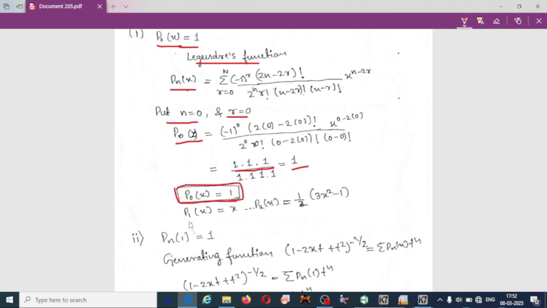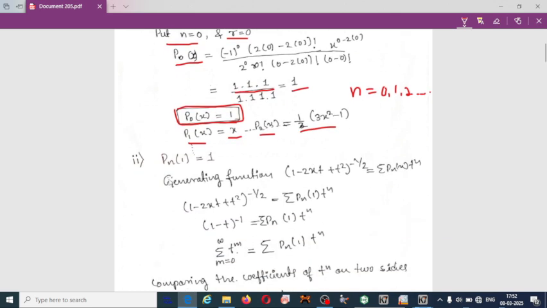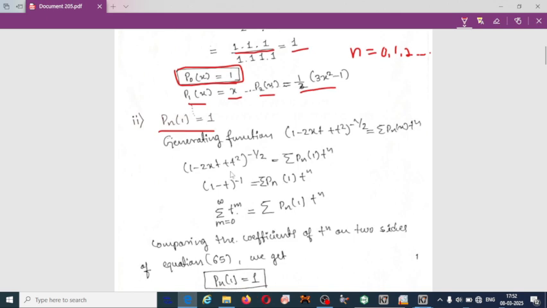If you take P1 of x, that is equal to x. Like that, for n equal to 1, 2, 3, and so on, you can substitute the values and calculate Legendre's function. Here P1 of x is equal to x, P2 of x is equal to 1 by 2 into 3x square minus 1.